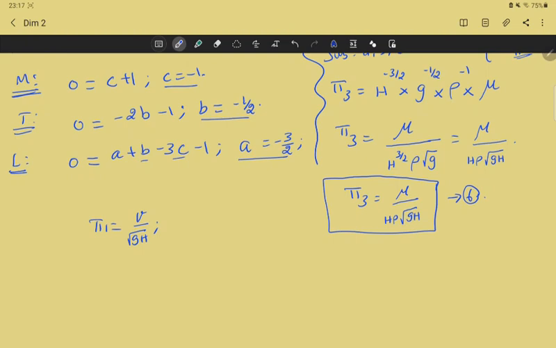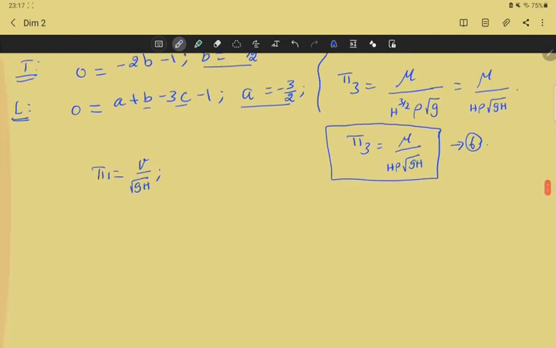You know what I'm going to do? I'm going to multiply and divide pi 3 by v. So what am I going to have? I'm going to have mu times v divided by h rho v square root of gh. Now what I can do is substitute v by root gh as pi 1.